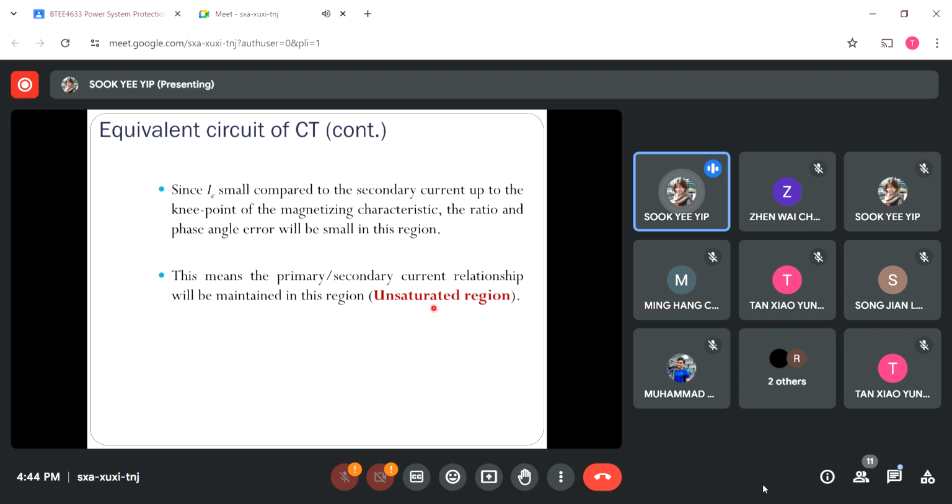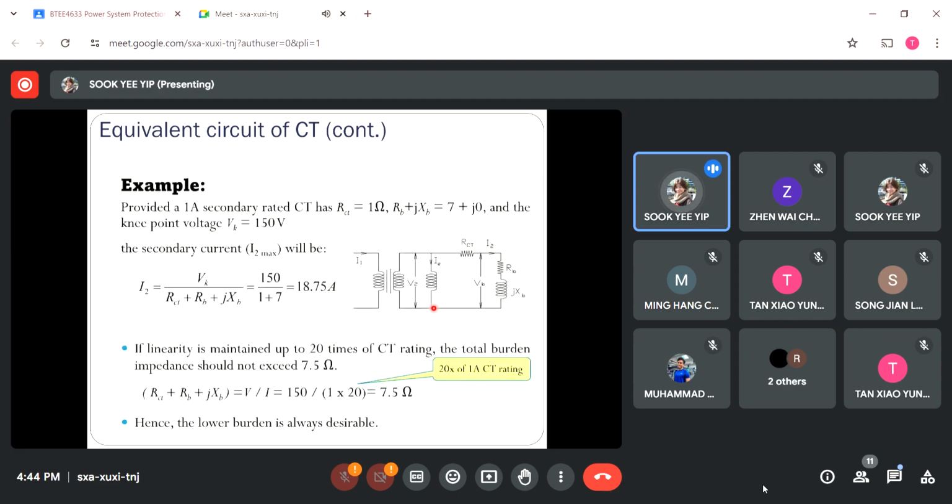So let's check out an example of how I can find the total burden that can be connected at the secondary side. You will need to cross-check with the knee point voltage to see whether it's still able to work properly, by using the current transformer equivalent circuit. So now let's check out the description. Suppose you are given a current transformer with the secondary current rated at 1 amp.